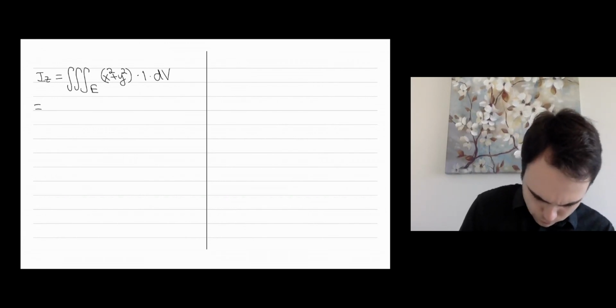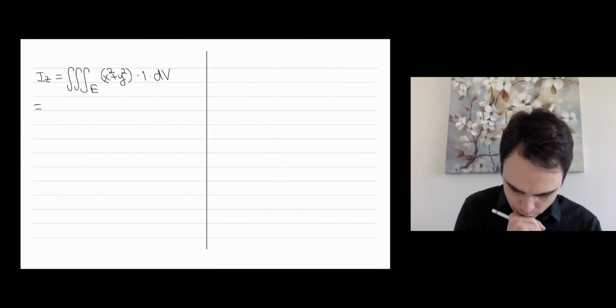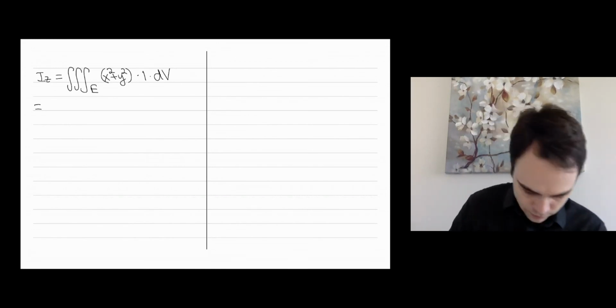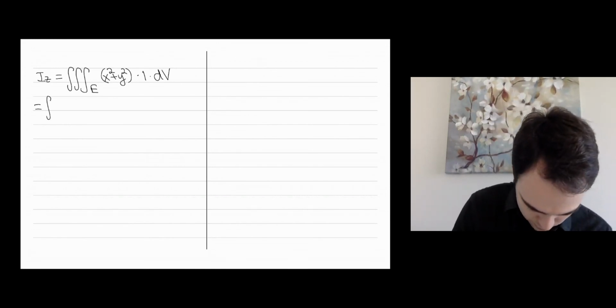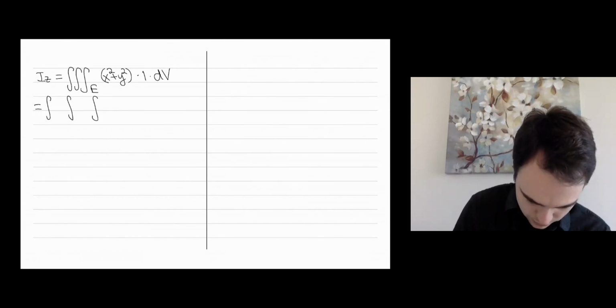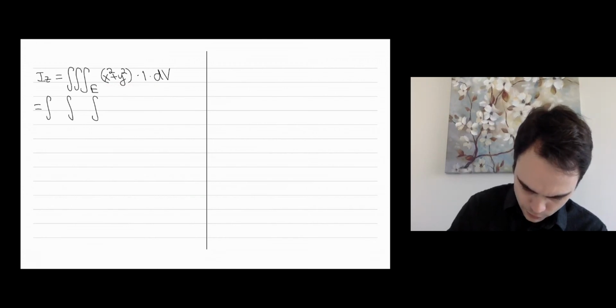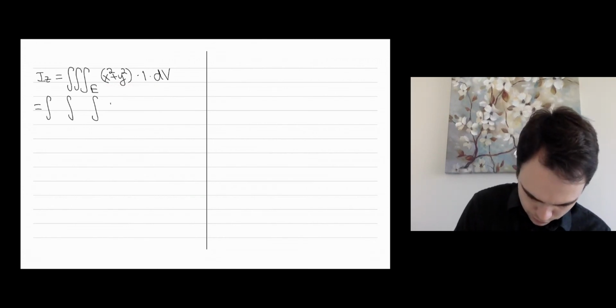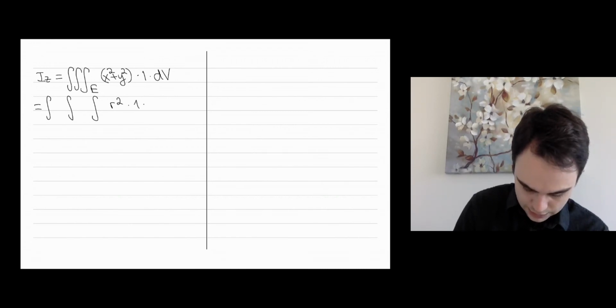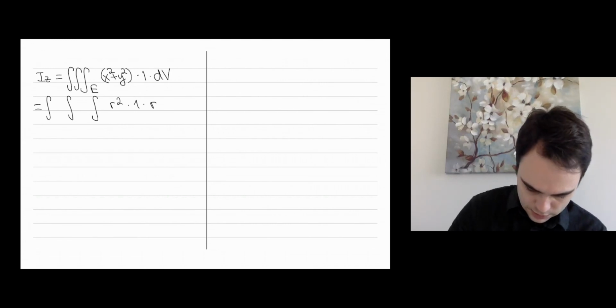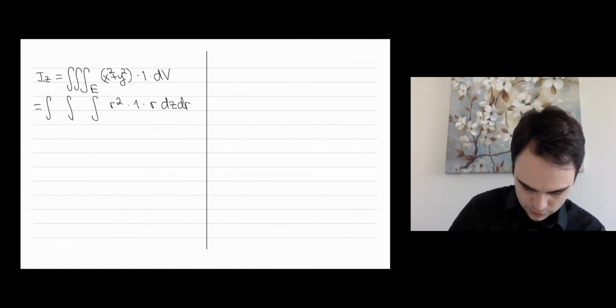Now let's set this up in the order dz dr d theta. We'll have 3 integrals. Let's write everything in terms of r and theta. So I start with the integral of r squared times 1 times dV. That's r times dz dr d theta.